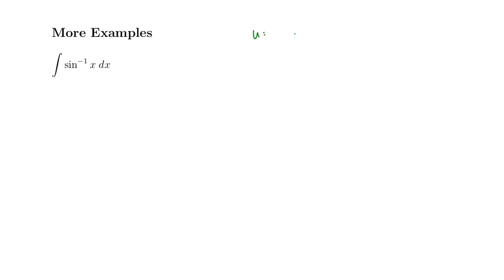So we'll say u and dv. We need then to find out what du and v are going to be afterwards. I don't know what the antiderivative of sine inverse of x is, but I know the derivative of it. I know that the derivative is 1 over the square root of 1 minus x squared dx.